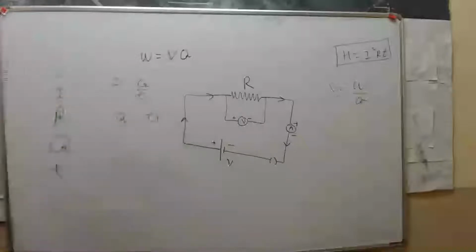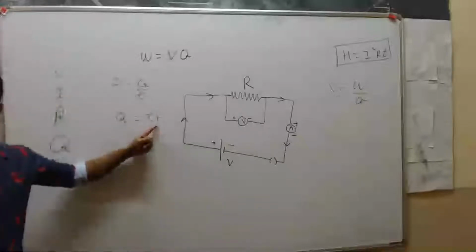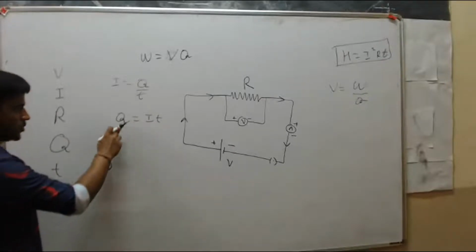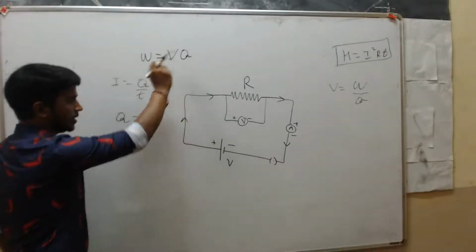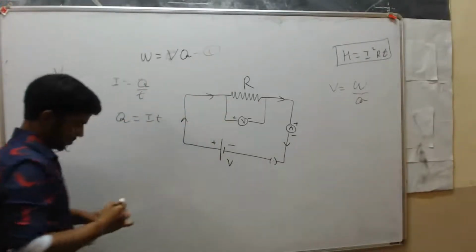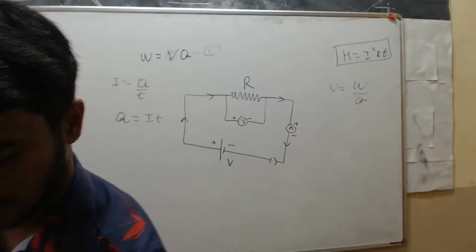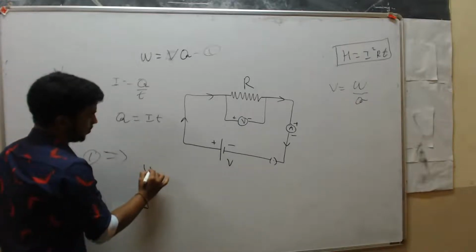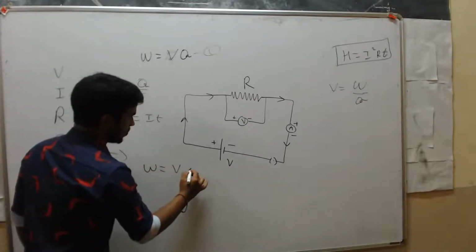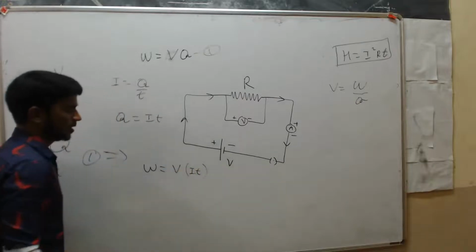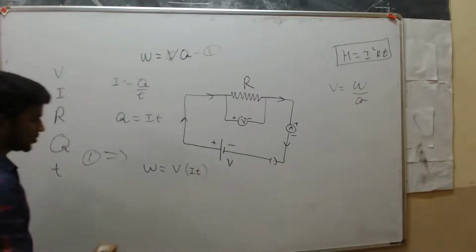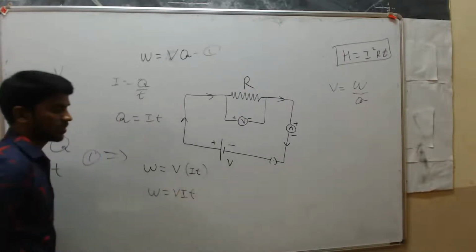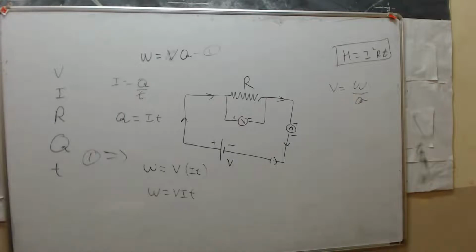Bringing T to this side, I got Q equal to I into T. Now can I substitute this Q in equation 1? Equation 1 becomes W is equal to V into Q, which is V into I into T. So W is equal to V into I into T.